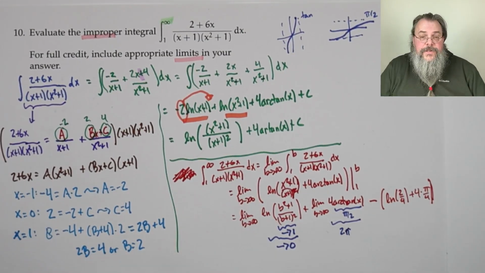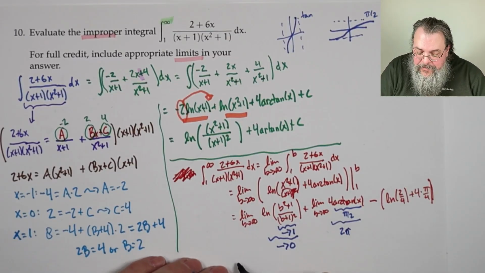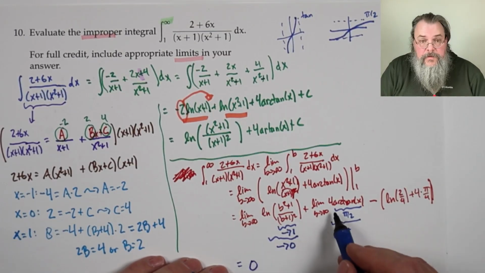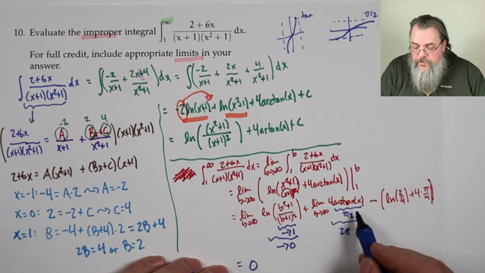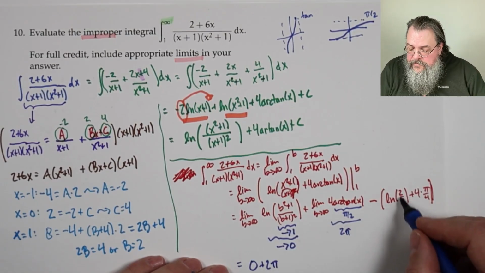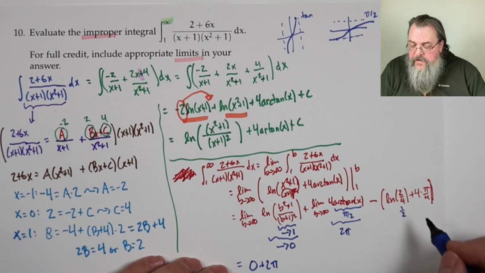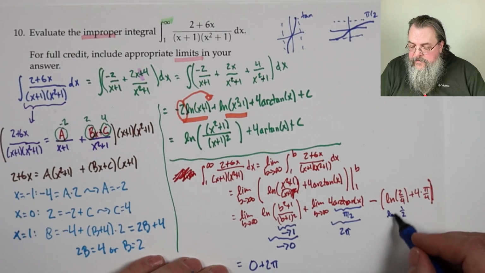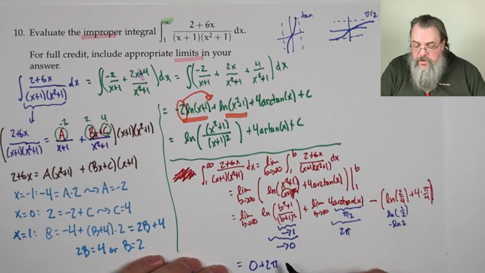And so now we've done our evaluation with our limits, so we can clean it up. So we have 0 from that term, 2 pi from this next term. Now, log of 2 over 4, that's really log of a half. And log of a half is minus log 2. Minus minus makes a plus log 2.